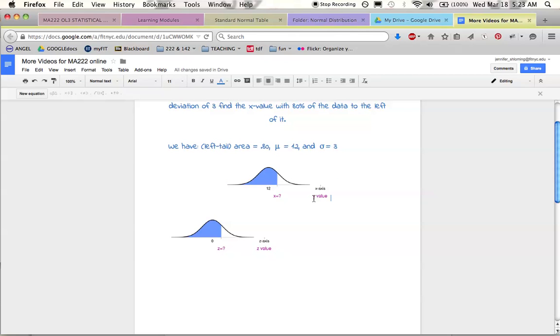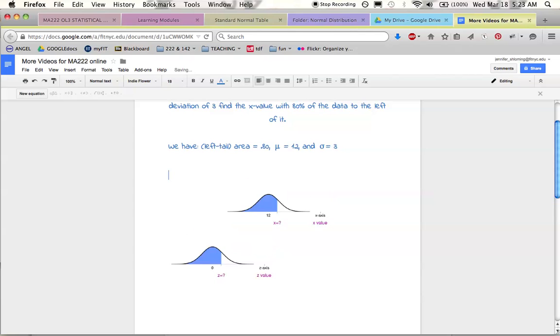But before we get to the x value, we need to go first to the z. What I just drew again is what the problem is saying. This is a sketch where approximately 80% of the data is to the left.